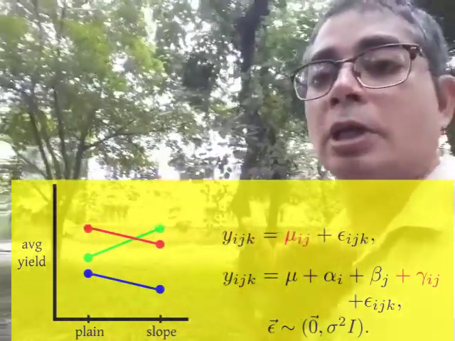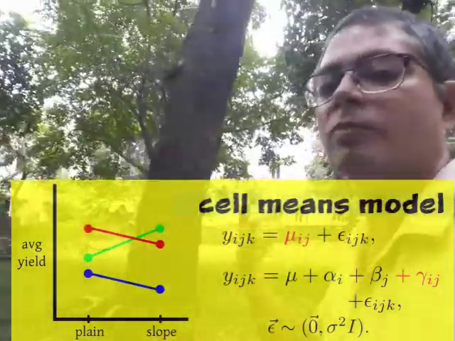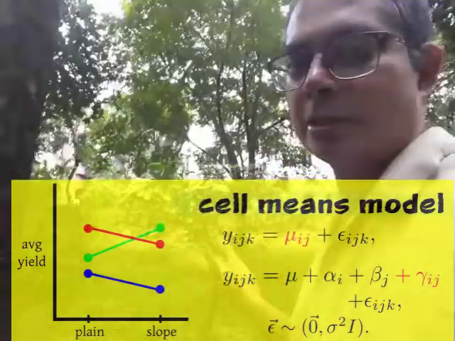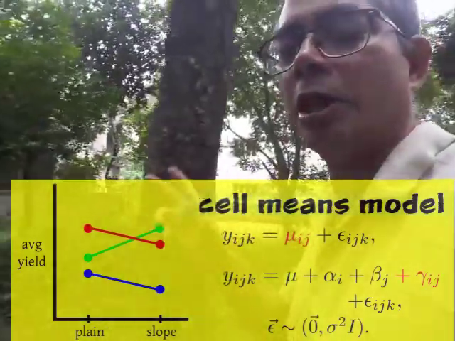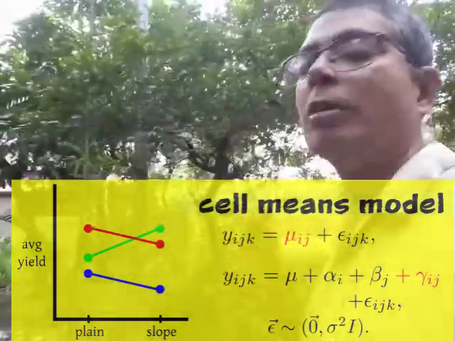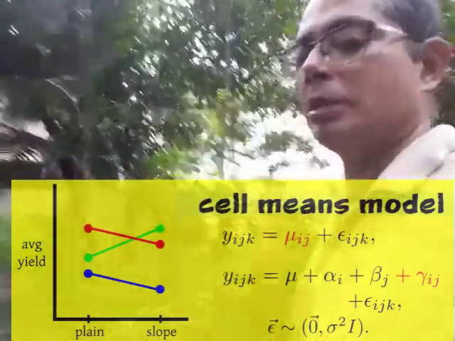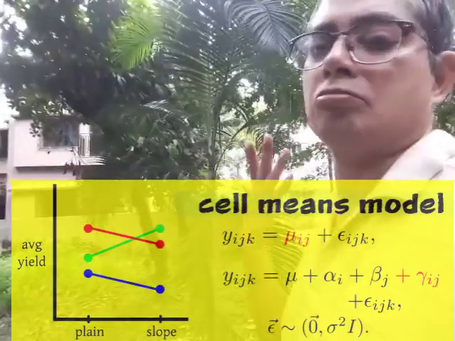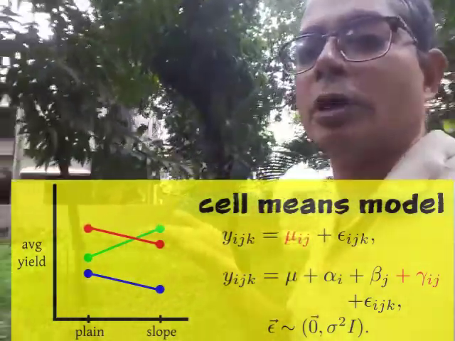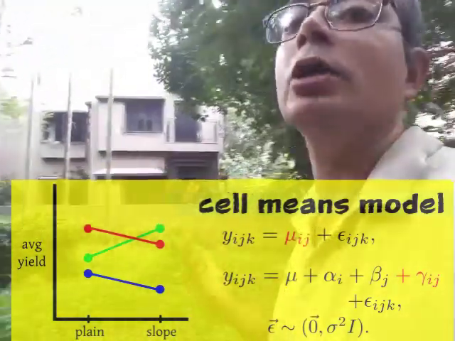And indeed, this model is used, and quite naturally it is called the cell means model, because for every cell, that is every combination of the input factors, there are 6 cells in this case, variety-tilt pair, we are just using the mean of that as our parameter. That is the cell means model: easy to interpret, fewer parameters, everything estimable. It seems that we have all the things going for this model. Yet, most of the time, people will use the other model. Why do they do that?